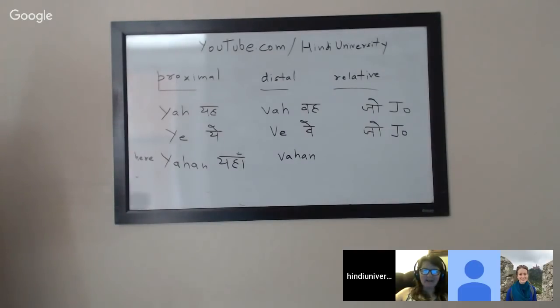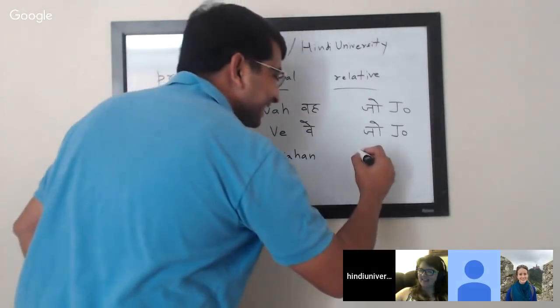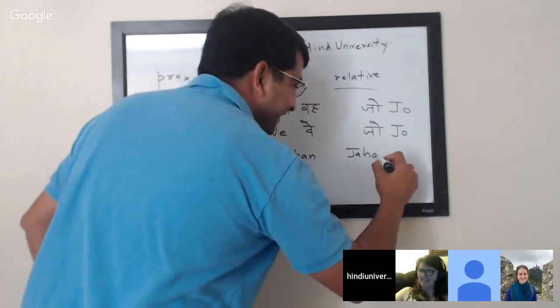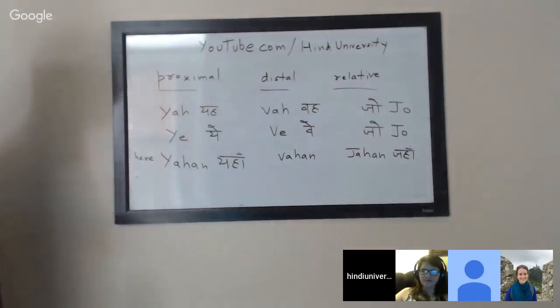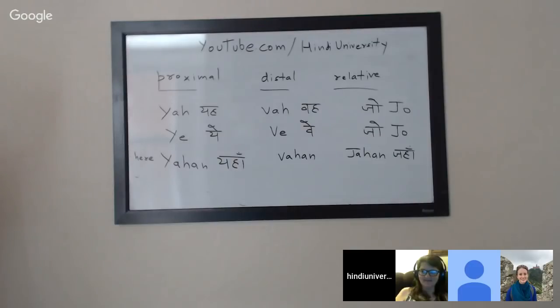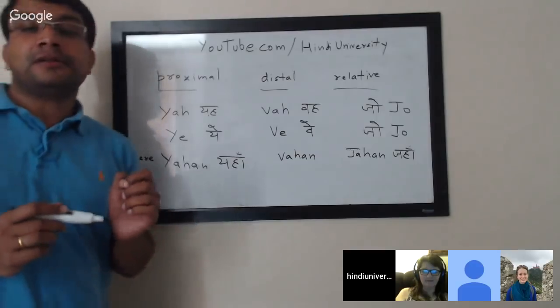If you were to take a wild guess, what is something similar? It's yahan, wahan, jahan. Very good. See, you got it. So that's the relative pronoun which is parallel to yahan and wahan.